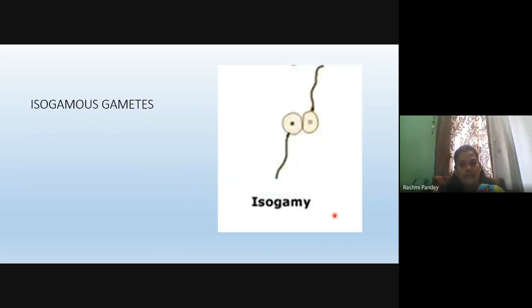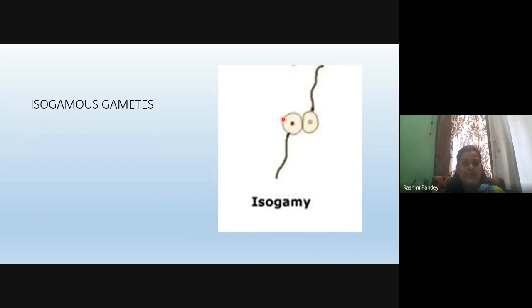Now, what kind of union or fertilization is seen in the Phycomycetes? One of them is isogamy. Iso means same, like isobilateral triangle, so iso means same. Here we can see two morphologically very similar gametes uniting. But genetically they are different.